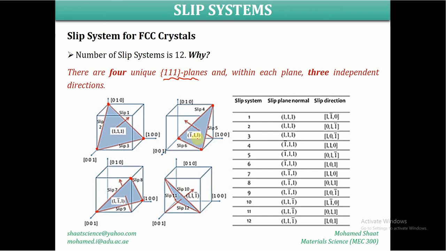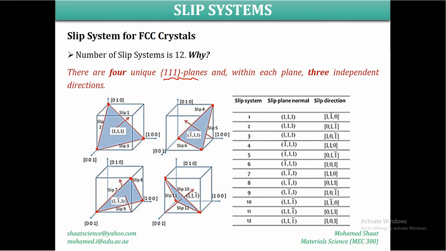This is another crystallographic plane that still belongs to the same family as the 1, 1, 1 plane. And if you connect this other point instead, this gives you another option. So there are 4 different planes that belong to the same family as the 111 plane. These are 4 options. Within every one of these planes, there are 3 possibilities of crystallographic directions.